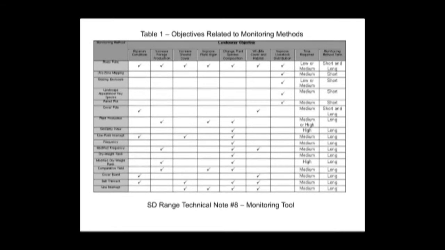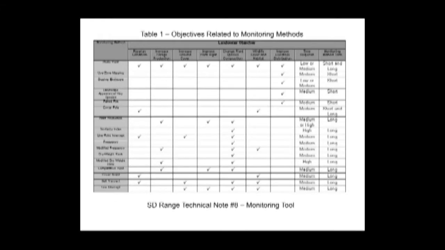The line point intercept, the one I'm going to show, can talk about riparian, ground cover, plant species composition changes. So depending again on the question you're trying to answer, that'll kind of guide what monitoring you use.